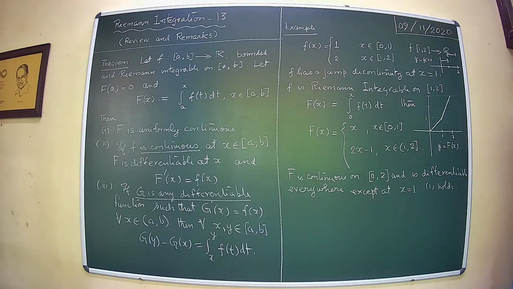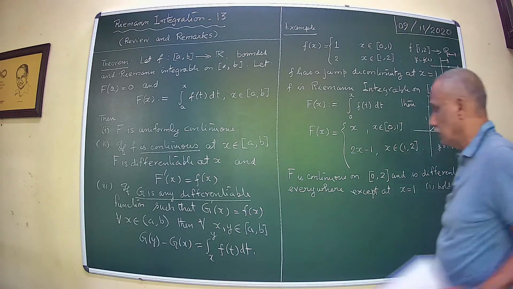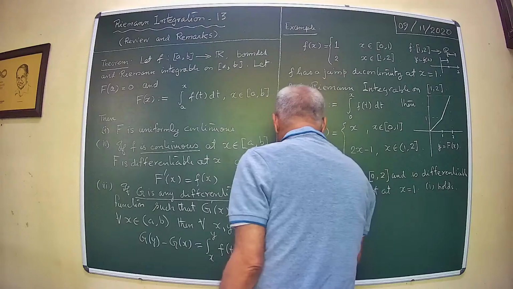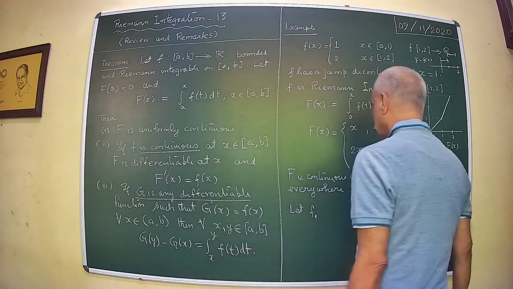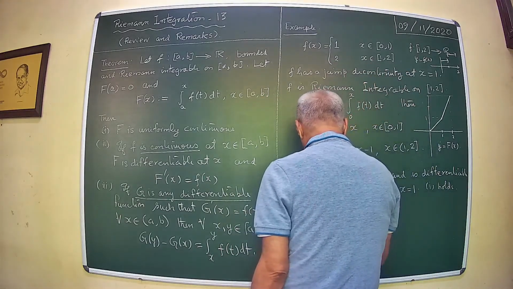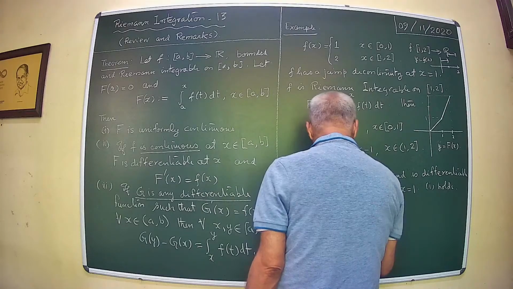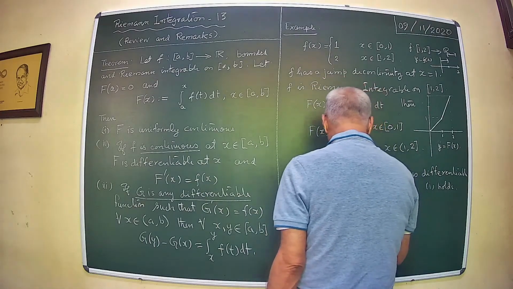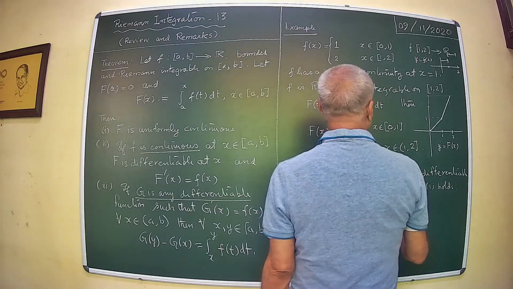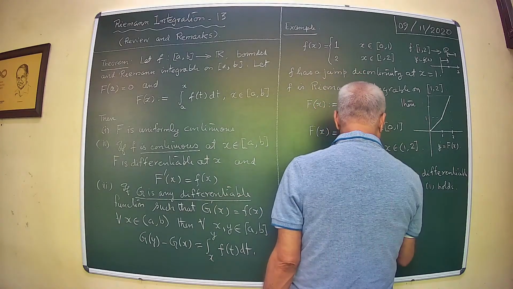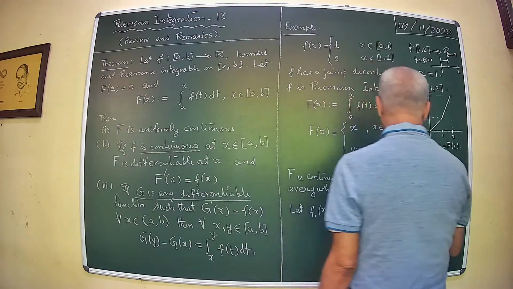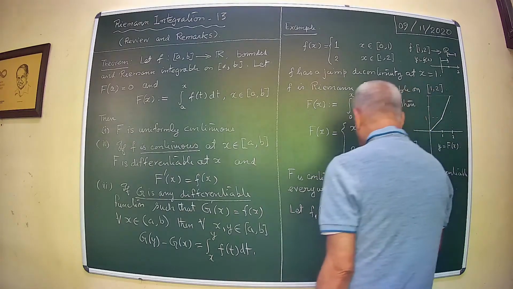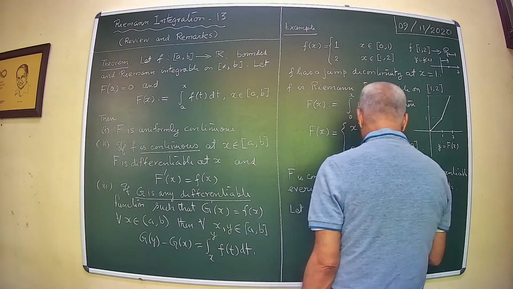Okay. Now what you want to observe is that suppose I change this function. Let me introduce f1 defined by 1 for x belonging to [0, 1] and 2 for x in (1, 2].